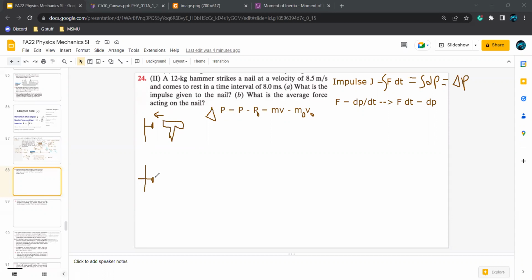So it's negligible. And at this point, the hammer has hit it. I'm being lazy with my hammer, so it's just a box. There we go. Hammer has hit it.